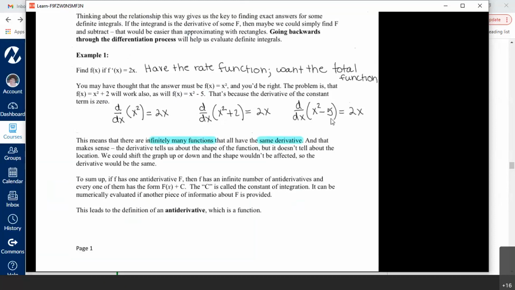What does a plus 2 or a minus 5 do to the graph of x squared? Anybody remember from college algebra?